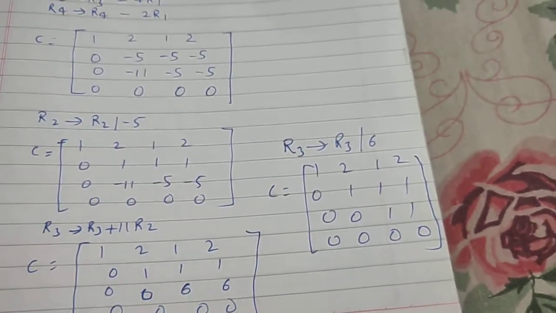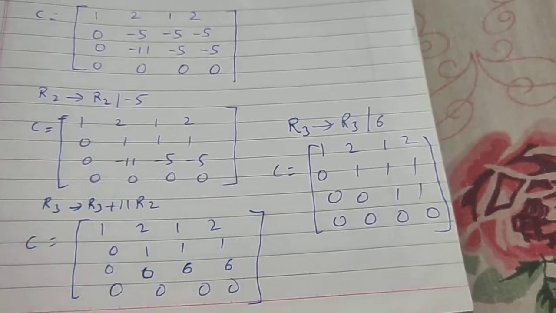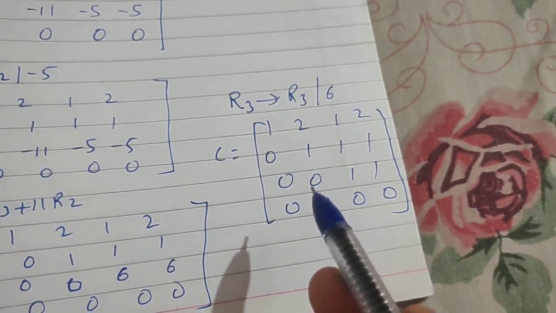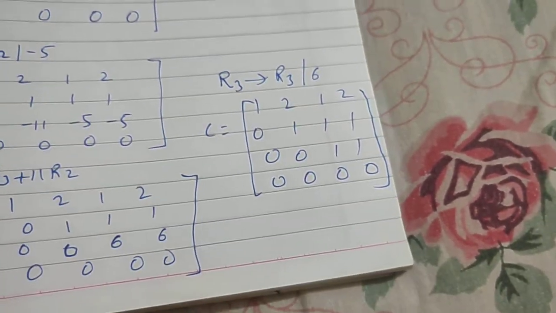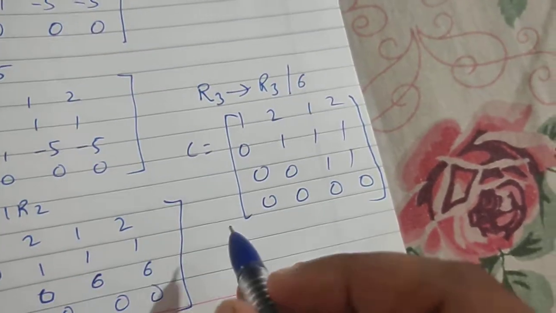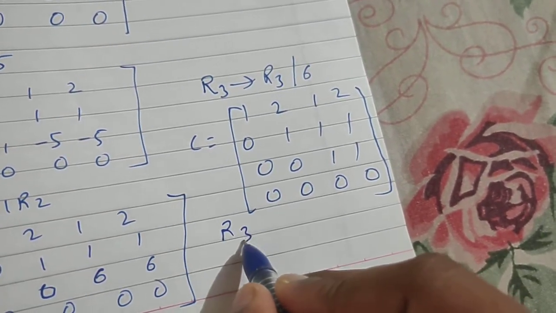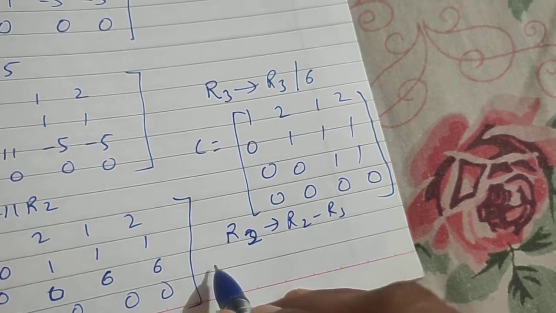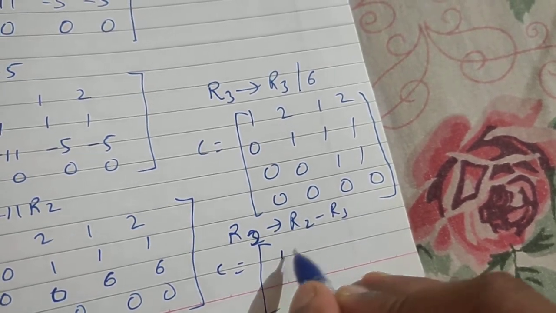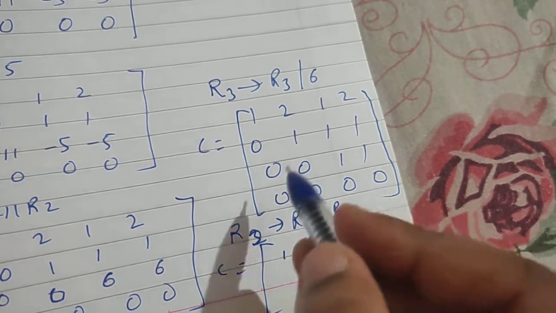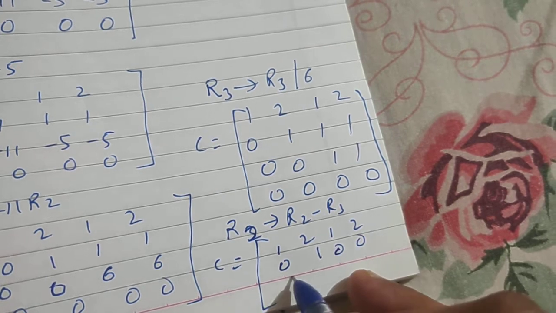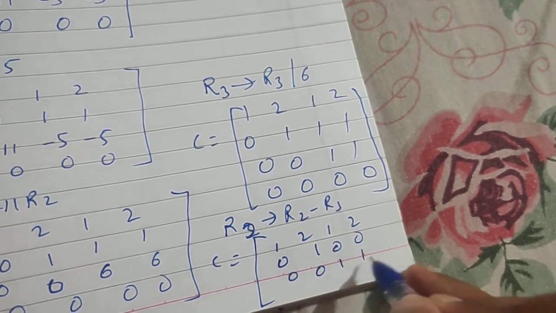Yeah, you can apply one more operation to get an even simpler format, because if I subtract r3 from r2, r2 I am writing as r2 minus r3, so augmented matrix will now become 1 2 1 2. Now this will be 0 1, 1 minus 1 0 0, so even more simpler thing we have got.